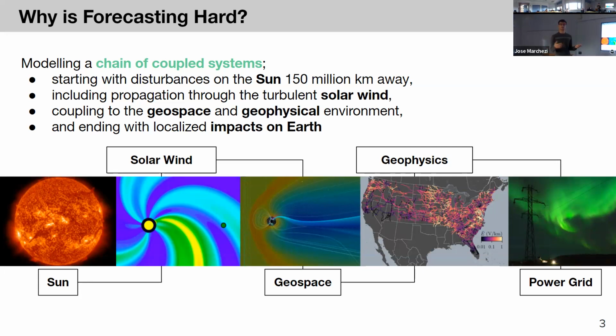And then if you're looking at natural hazards, you want to know how this entire product of processes interacts with the power grid or with directional drilling or fluid pipelines, which all suffer detriments from geomagnetically induced currents.